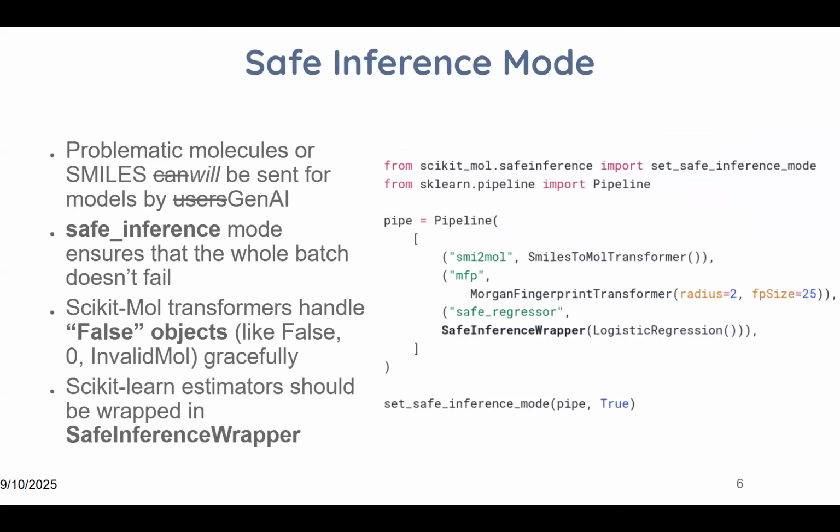You can build out your data set, but once you deploy it, users or generative AI or whatever can start to give wrong smiles. So now all the Scikit-Mol objects handle these false objects gracefully, but scikit-learn estimators don't. They need to be wrapped in this safe inference wrapper that understands that you get a masked NumPy array rather than a standard NumPy array.